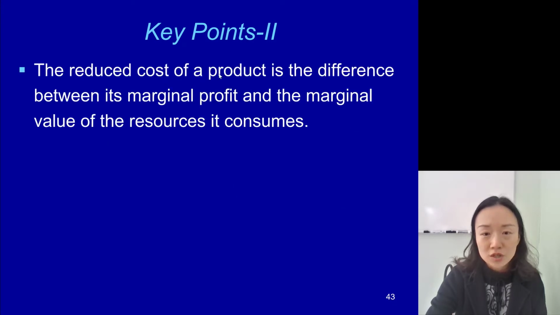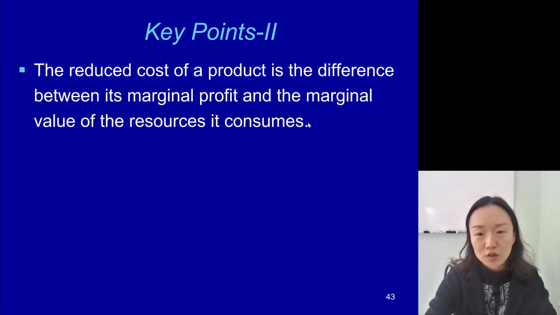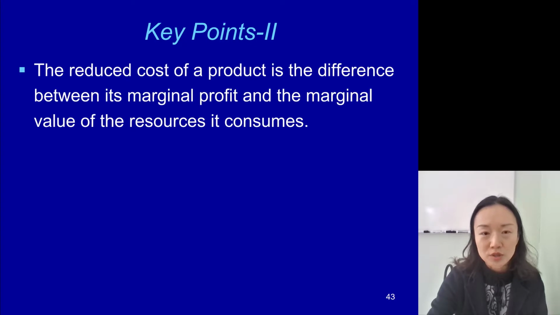And the reduced cost of a product is the difference between its marginal profit, so how much it's going to increase your objective function value, and the marginal value of the resources it consumes. So subtracting the resources priced at their shadow price. So we are mainly looking at the net increase or net decrease to your objective function value.